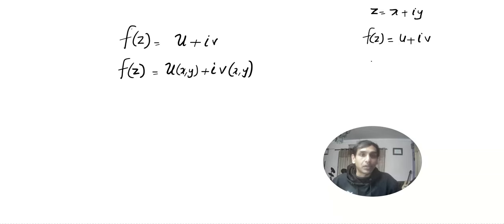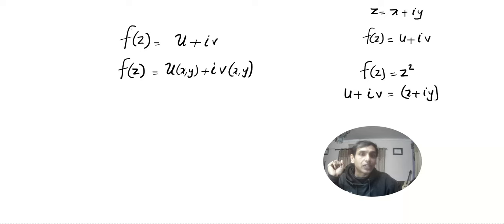I'll give you an example. Suppose f(z) = z squared. Then I'm going to call the output u + iv and the input x + iy, so that I'll get this. I will expand the right hand side and simplify. I think you still remember i squared is minus 1.